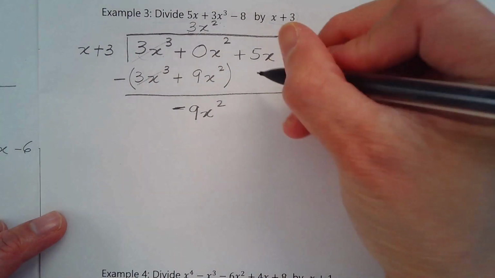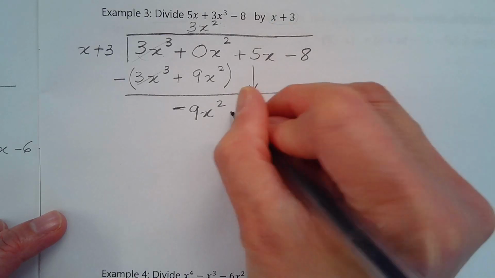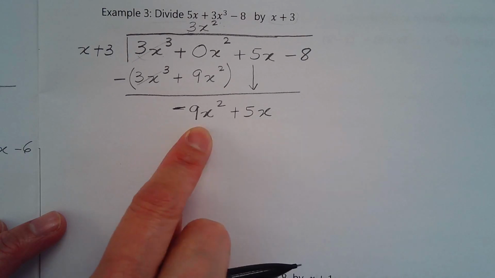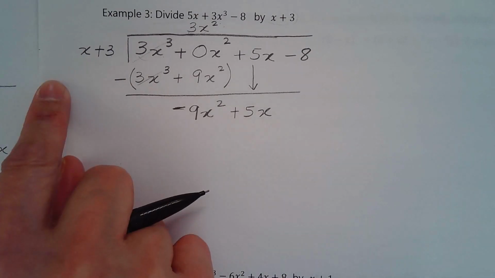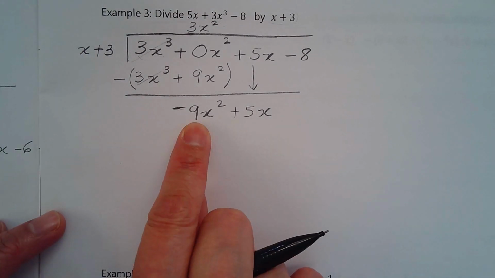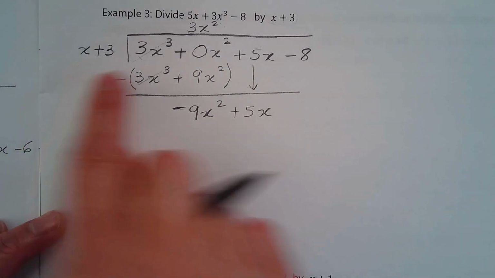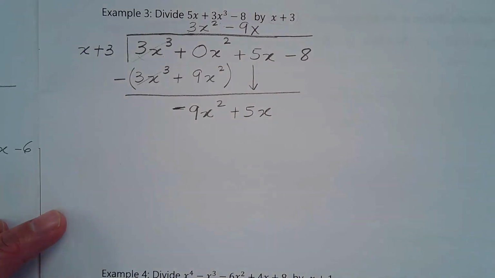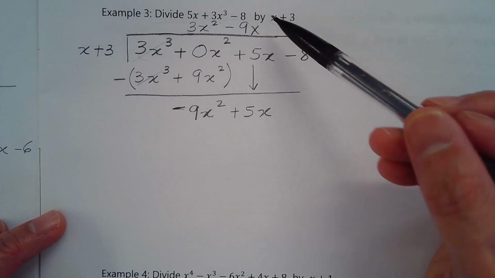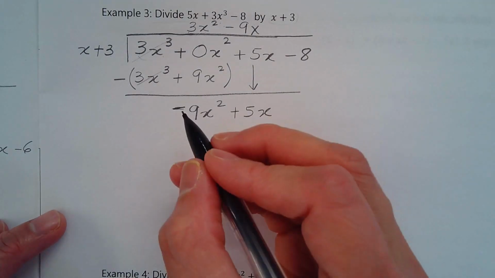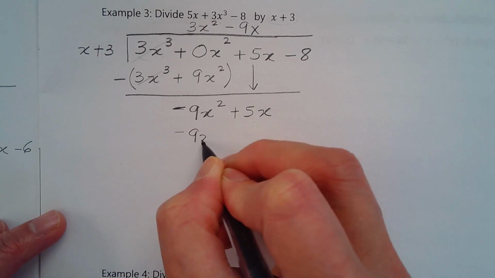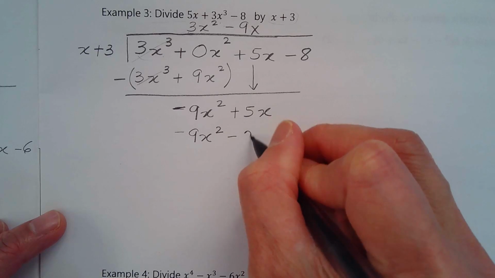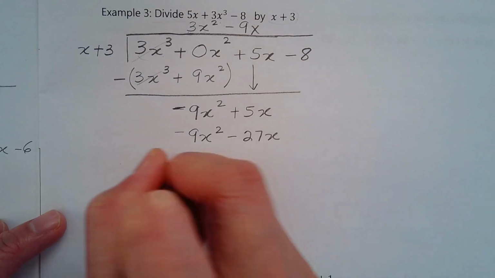Then we bring down the 5x. Okay, what do we do next? When you divide only one, negative 9x squared divided by x is going to be negative 9x. And when you multiply with both of them, negative 9x squared minus 27x.